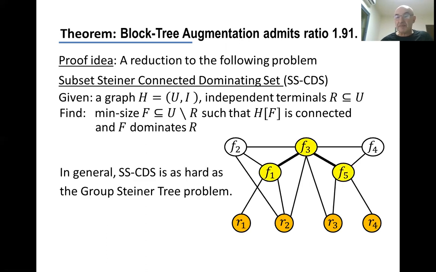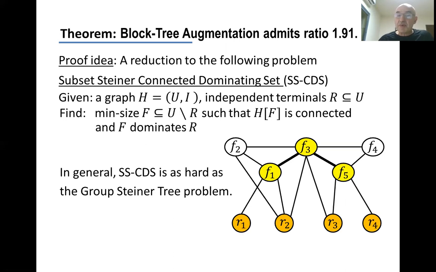So, for example, if we take the yellow triple of nodes, F1, F3, and F5, then they form a feasible solution to this problem. They induce a connected graph, and in addition, they dominate all terminals. Every terminal has a yellow neighbor in the graph.